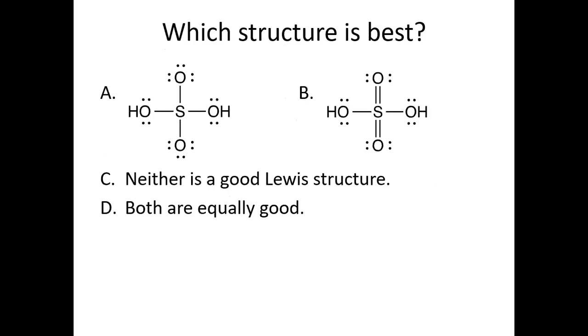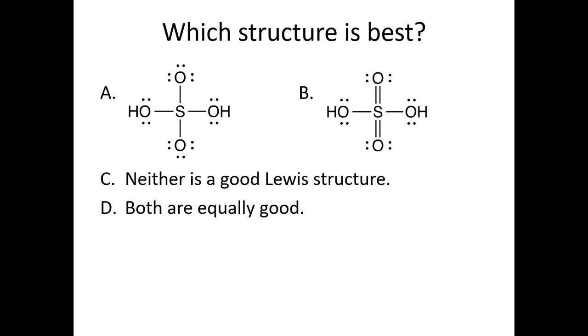So which structure is best here? So A, B, neither is a good Lewis structure, both are equally good. So for this one, this isn't drawn, but if you look at A, our two oxygens that are going up and down should have charges, right? So the oxygens should have a -2 charge overall.